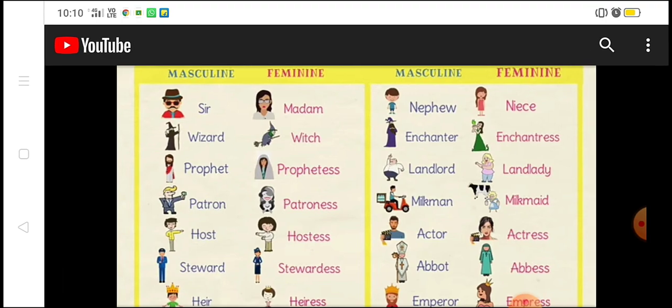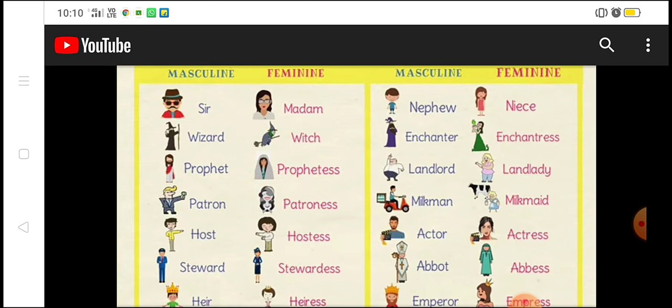Now the next: sir, madam; wizard, witch; prophet, prophetess; patron, patroness; host, hostess; steward, stewardess; heir, heiress; nephew, niece; enchanter, enchantress; landlord, landlady; milkman, milkmaid; actor, actress; abbot, abbess; emperor, empress.